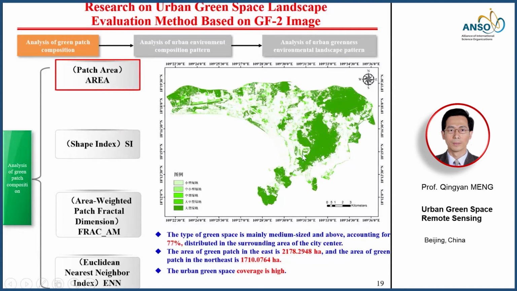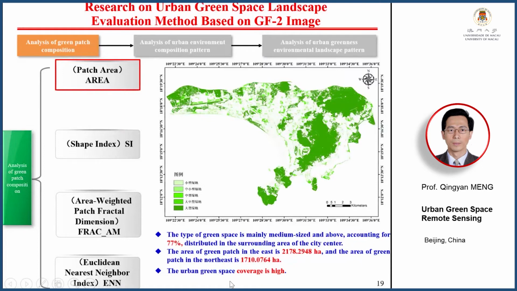You see from the type of the green space it is mainly the medium size, counting for almost 80%, distributed in the surrounding area of the city center, and the area of the green patch in the east is this number.